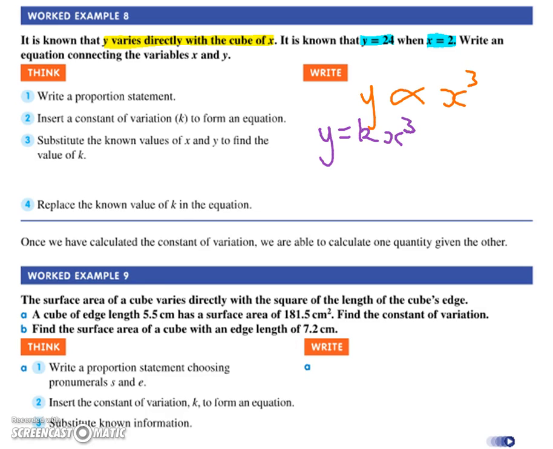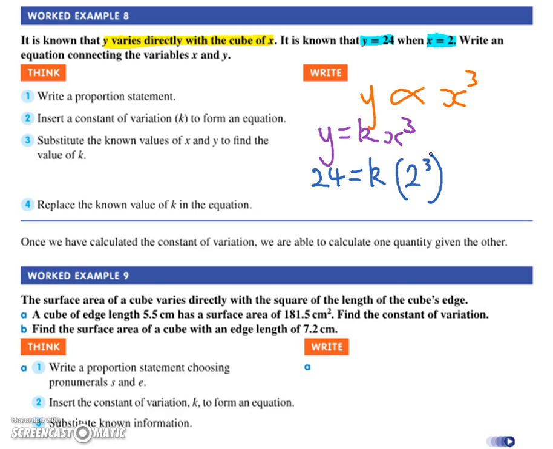We've got three unknowns there, y, k, and x. But in the question, they've given us a y and an x. Y is 24 when x is 2. So we can sub them in and hopefully solve it and find out what k is. Okay, so y is 24. So let's start subbing that in. So 24 equals k (2) cubed.